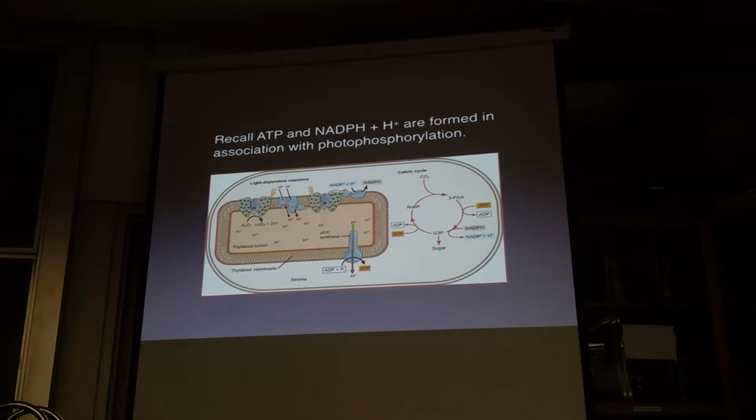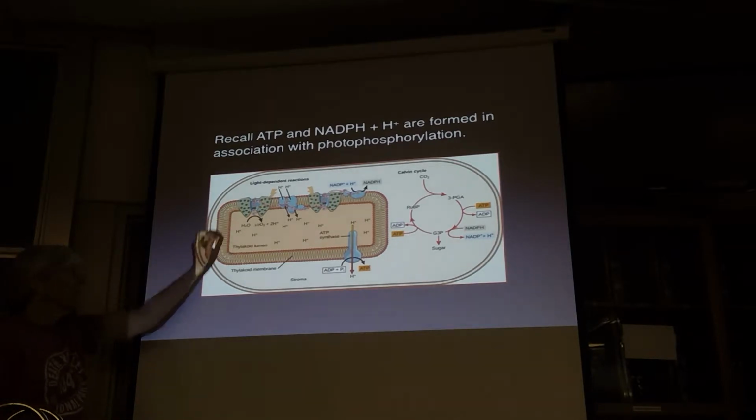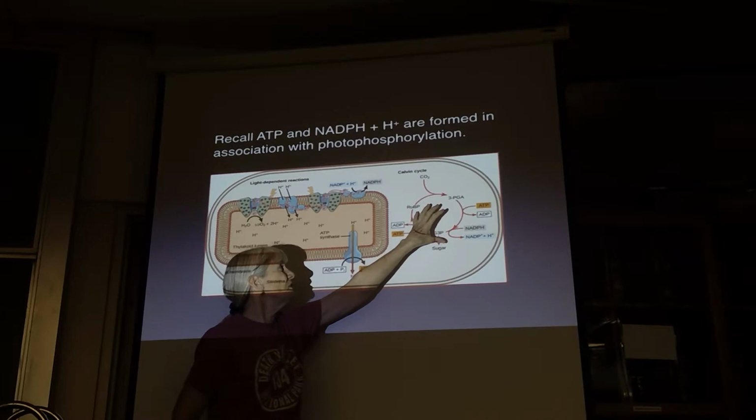This is just showing the thylakoid, showing that when hydrogen protons are moving across membranes, they're going to the inside of the thylakoid, and then when they go out, ATP is going to be made. So this is showing photophosphorylation happening in this section, and then the Calvin-Benson cycle happening in this section.